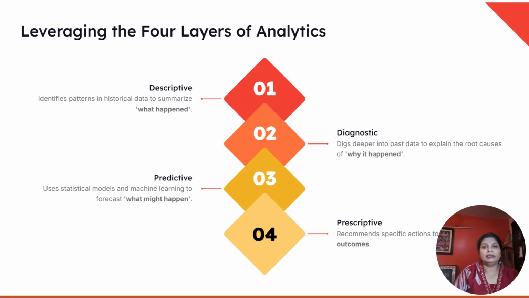Predictive analytics helps organizations anticipate future outcomes such as demand forecasts or risk probabilities. Finally, we have prescriptive analytics. This layer answers what we should do. When you transform the raw data and come up with all these four layers of analysis, you get insight, foresight, and ultimately effective managerial action.